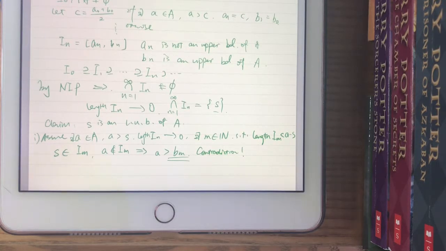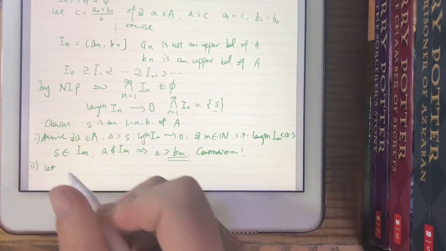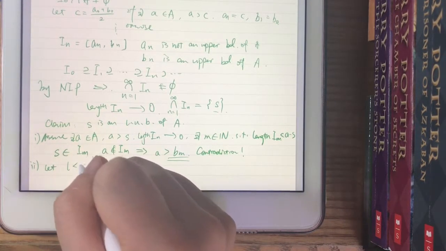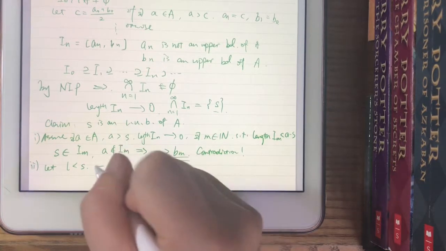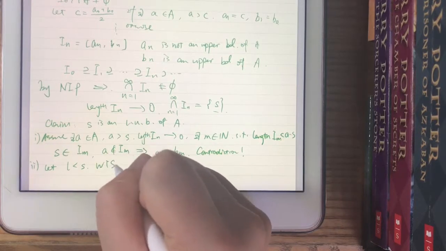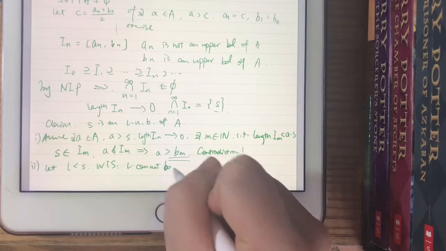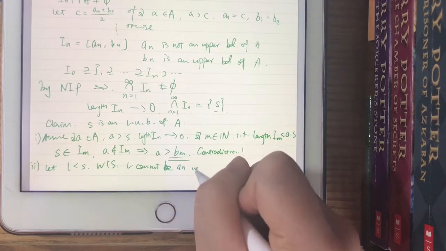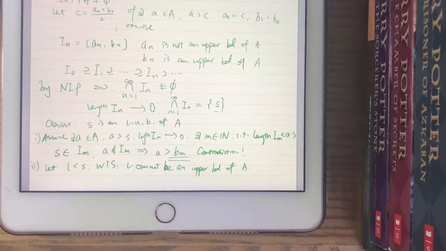Since we want to show it's the least, then still we let R be smaller than S. We want to show R cannot be an upper bound of A. Still by contradiction.